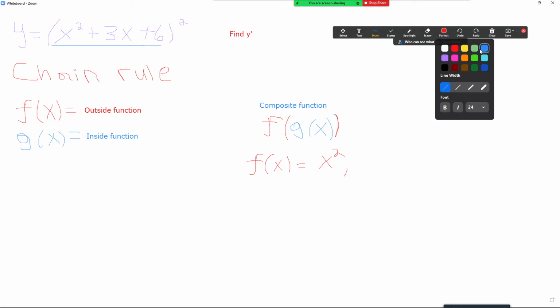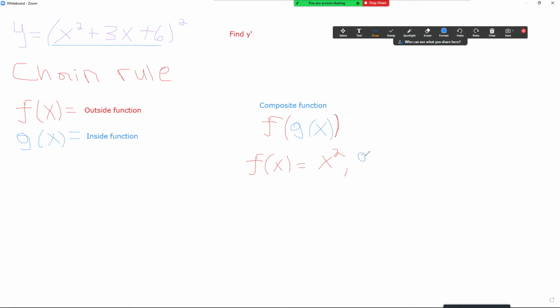So if that's the outside function, then our inside function, which we're using blue for, must be what we're substituting into the other f function. Because you notice if I substitute these two things in, we actually get the function we have, because you're plugging g into f.